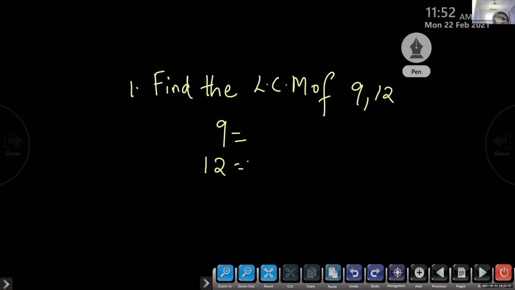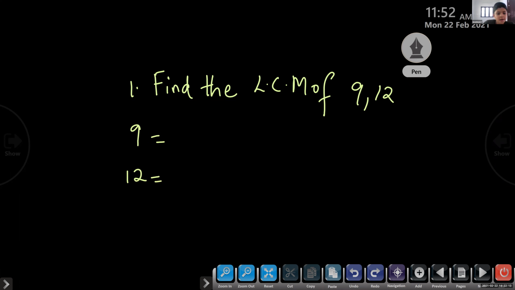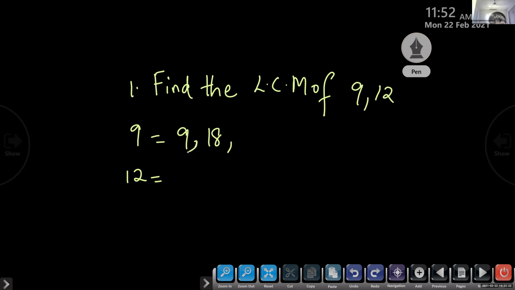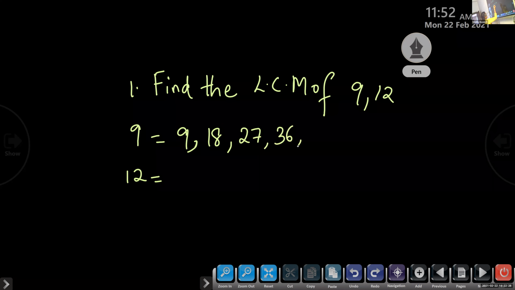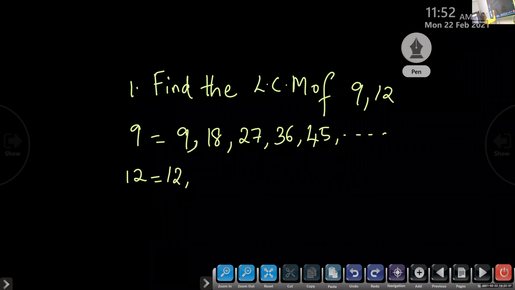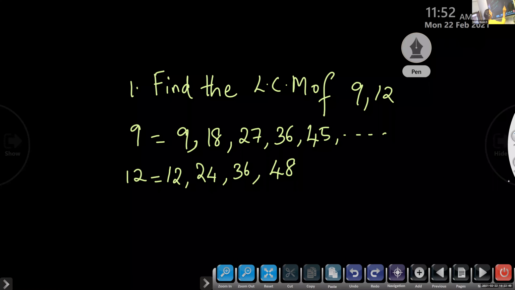Tell me the multiples of 9. 1 into 9, 9. 9 into 2 is 18. 9 threes are 27. 9 fours are 36. 9 into 5, 45, then 54. Now 12. 12 into 1 is 12. 12 into 2, 24. 12 into 3, 36. 12 into 4, 48. Now tell me which is the least common multiple.